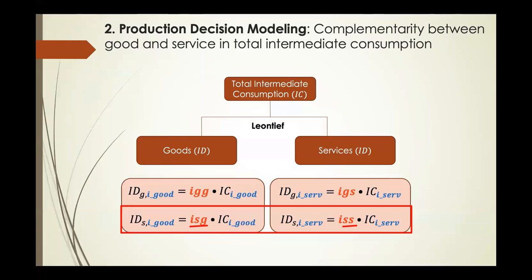Here also the index S is for service, and this demand is derived from the maximization of profit by industries. And the parameters ISG and ISS are related to this functional form. Once again, I is for input, S is for service commodities, the first S, and G and S for goods industries and service industry.